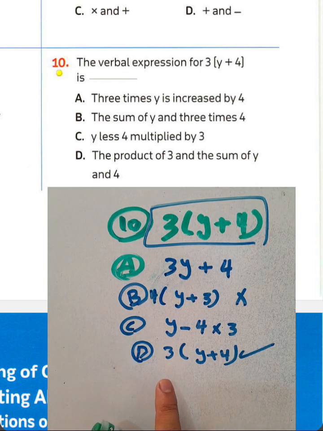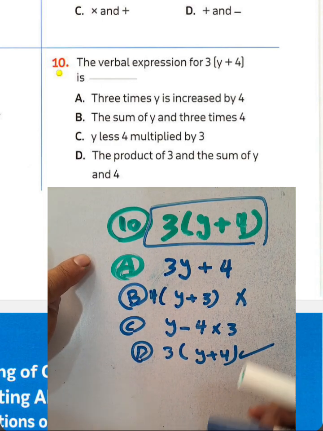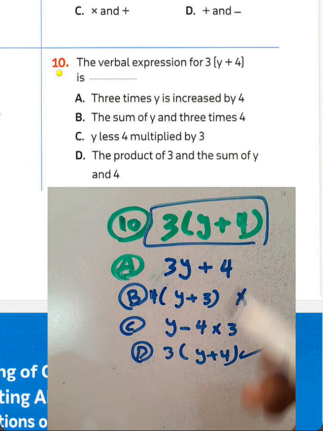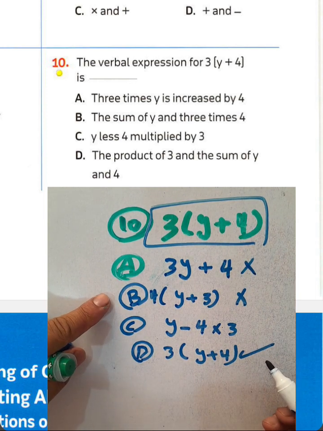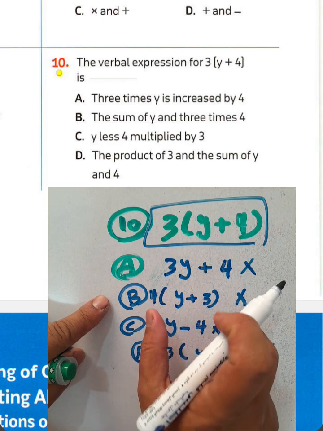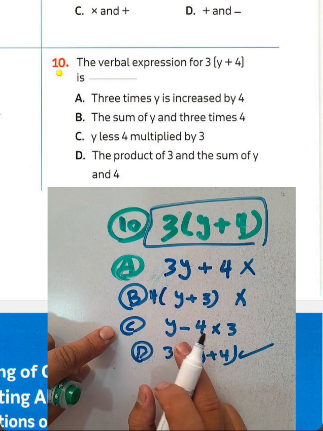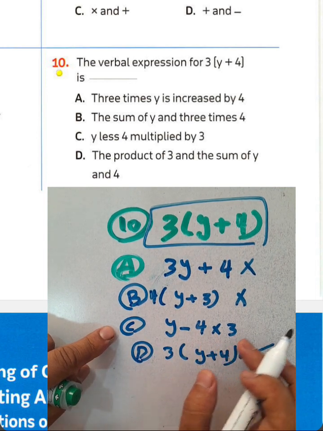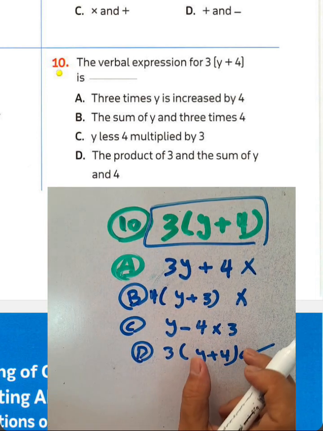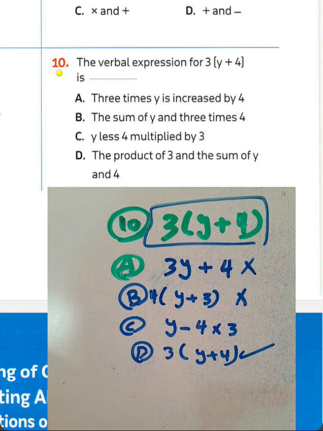It means the product of 3 and the sum of y and 4. But letter A, 3 times y increased by 4, is false. Letter B, the sum of y and 3 times 4, is false. Letter C, y less 4 multiplied by 3, is false. Choose letter D.